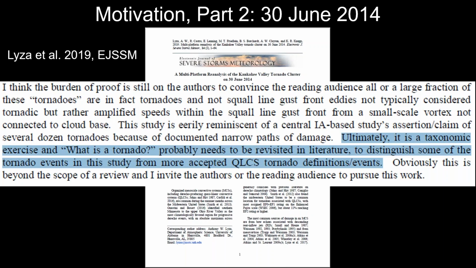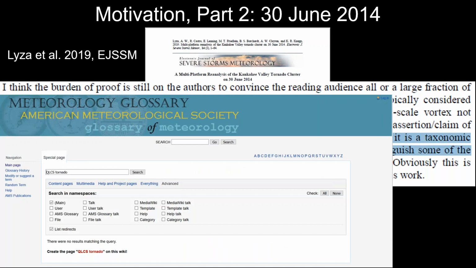Now, from my perspective, the first thing I wanted to do was make sure that I had a listed definition of what is or isn't a QLCS tornado, and in fact, there is no formal or special definition of what a QLCS tornado is. So the more accepted version of a QLCS tornado definition kind of fell to me. I didn't exactly understand what that was getting at versus what we were looking at.